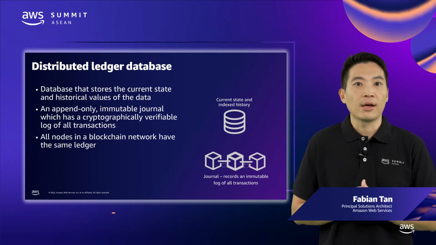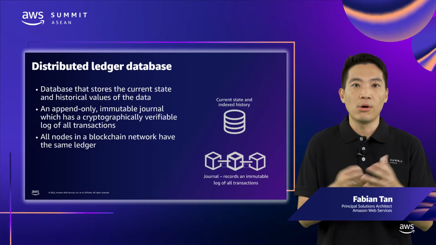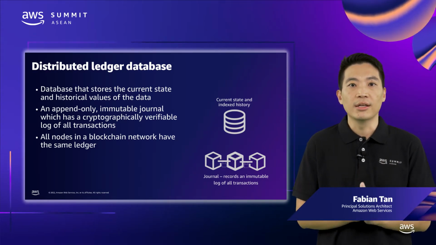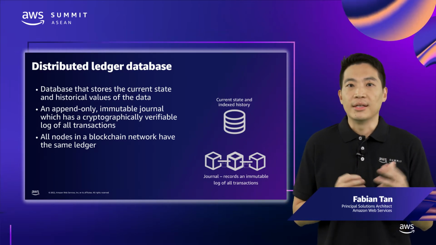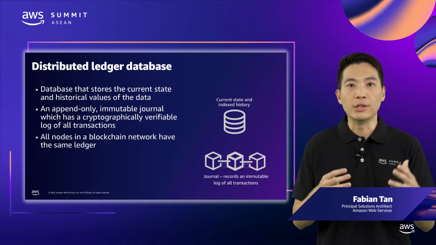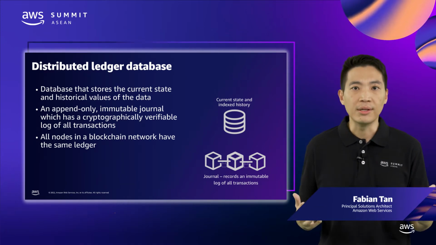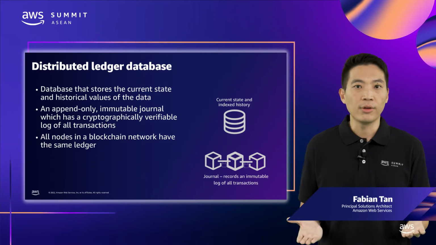Another important aspect of this ledger is that it's distributed. It's copied on all the nodes in the network so that if any one node loses its data, it's not the end of the world. The other nodes can replicate that data to that node. So this duplication of data is by design, and it helps to increase the robustness and the failover support of the network.